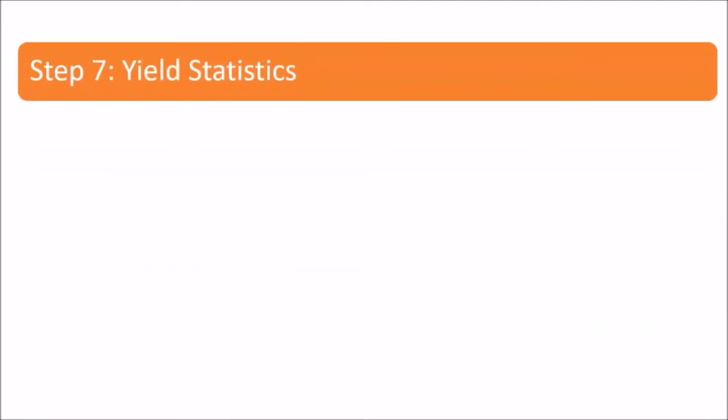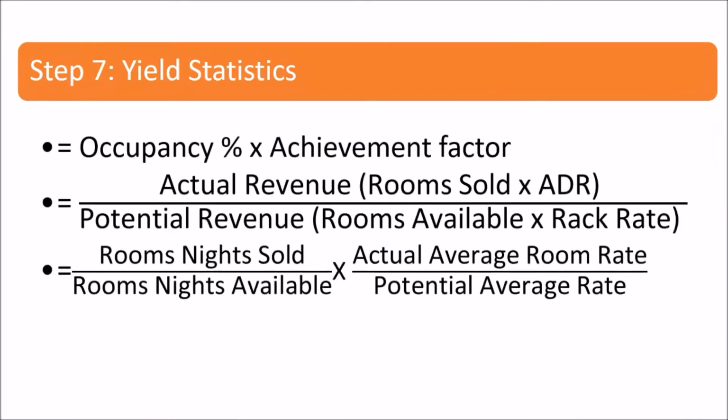And step 7, there are various formulas for calculating yield statistics, which you have seen in the earlier video as well. The first formula is occupancy percentage multiplied by achievement factor. The second formula is actual revenue upon potential revenue. Now, how do you calculate actual revenue?